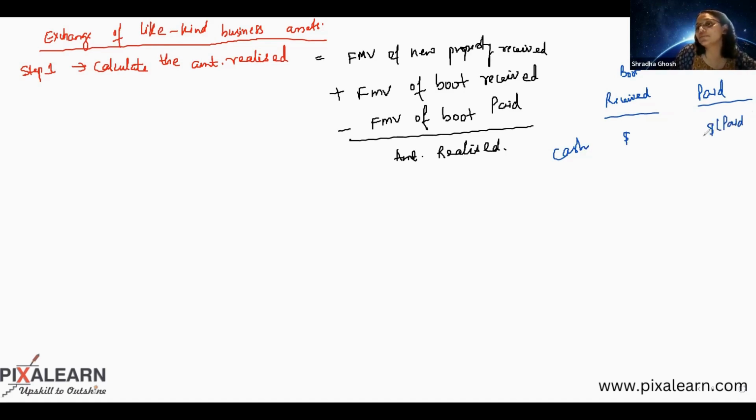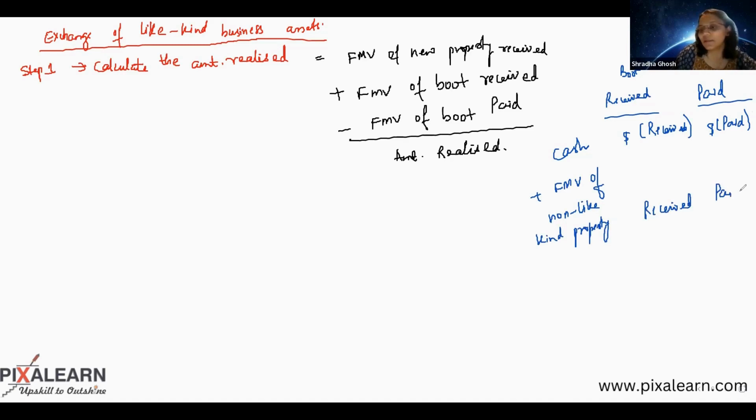Okay, so cash paid is boot paid, cash received is boot received. If it can be fair market value of non-like kind property. In my example, there's a tractor also that I'm ready to give you with that thing. Even in that case, if there's anything that I receive, it is boot received. If anything that I'm giving, it becomes boot paid.